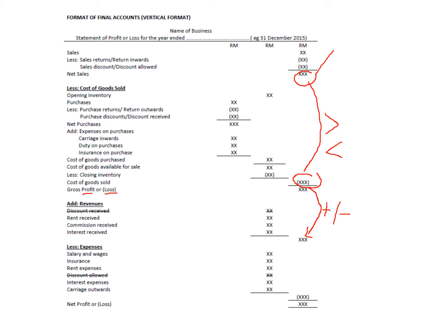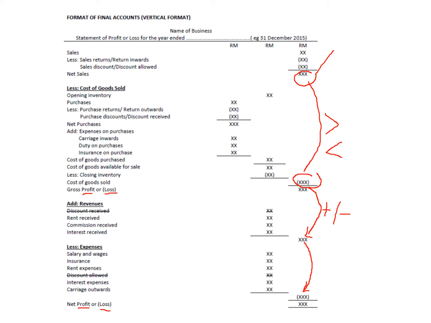Here, if the total income is more than the operating expenses, then the business will have net profit. However, if the total income is less than the operating expenses, the business will have net loss.